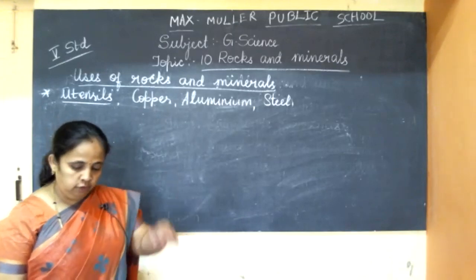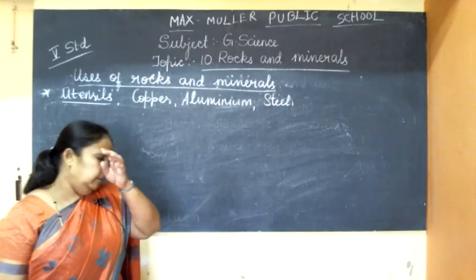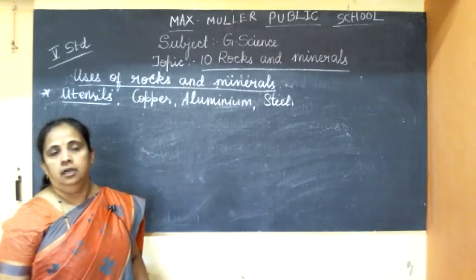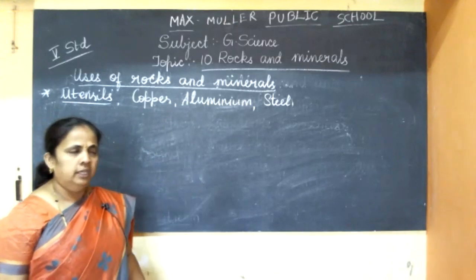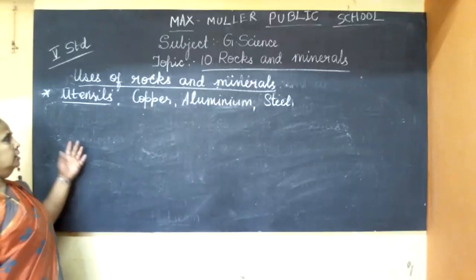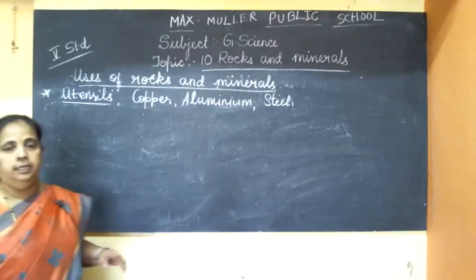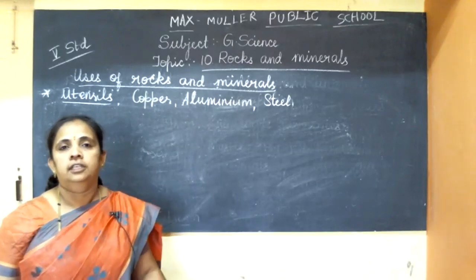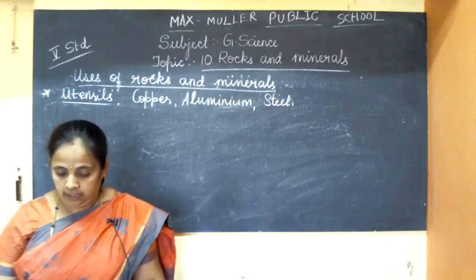Not only to cook food, it is necessary for many other things. We can store water in steel vessels. So for many purposes we use those utensils, which are very much needed in our day-to-day life.